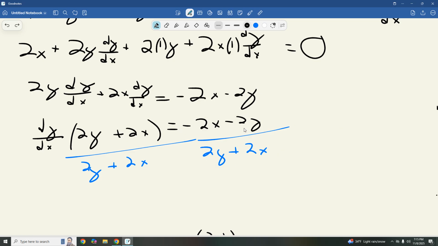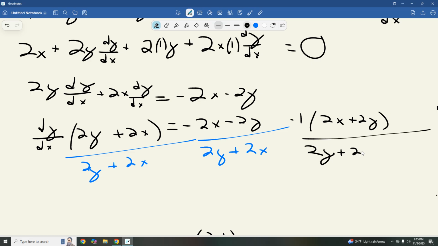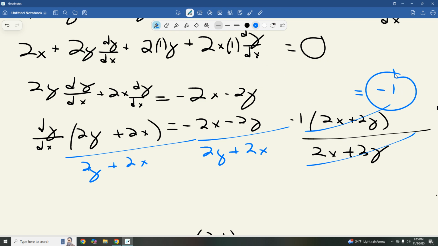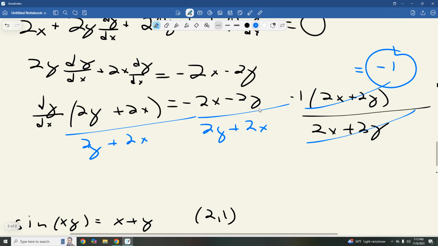So as we can see, a negative 1 can be pulled out here, which makes this 2x plus 2y over another 2y plus 2x, or you can make your terms go whatever way they want if it's just addition. So like this, and then this actually cancels this out, which makes the answer -1. So that one's pretty easy.